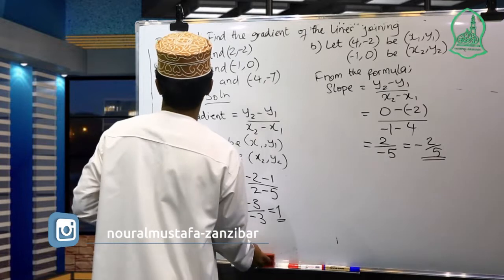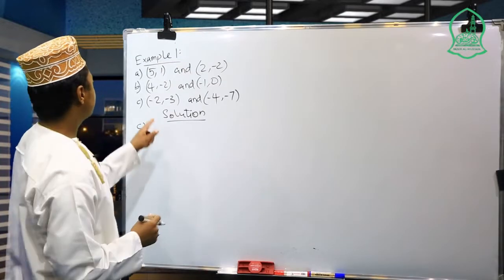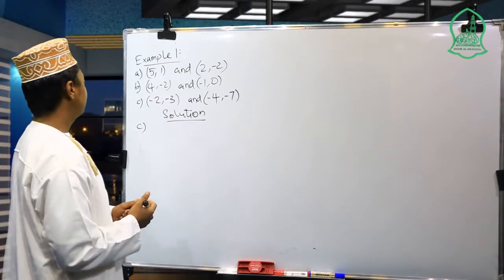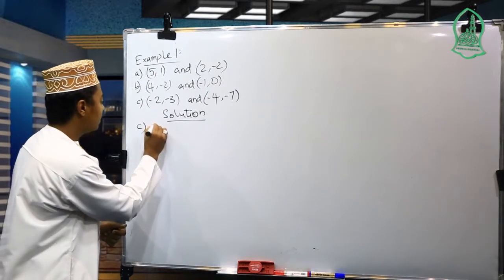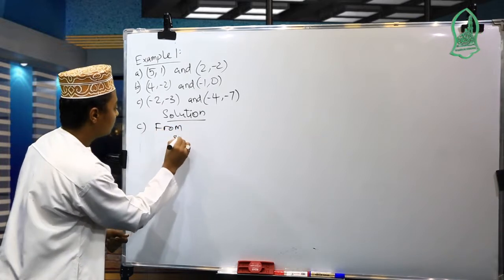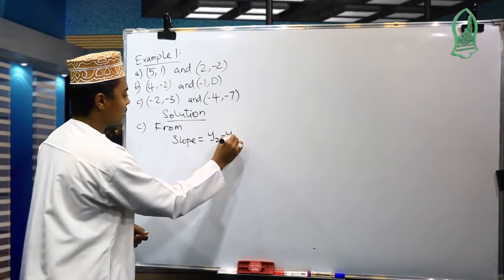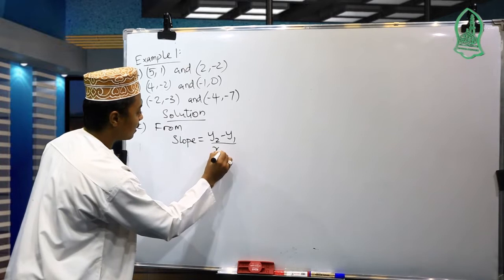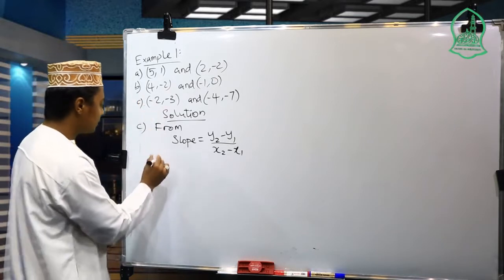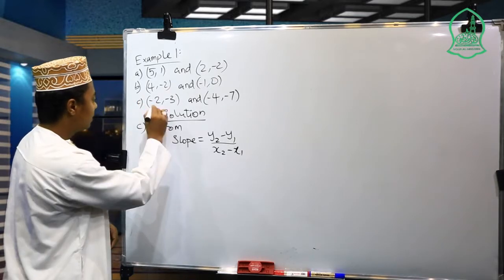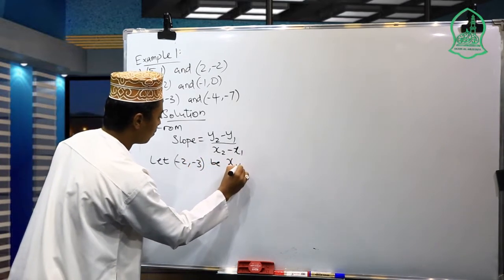So the last one is question number C. So let us solve C. We continue with this example C in example 1. So just refer to the formula here, slope equal to y2 minus y1 over x2 minus x1. So here we take this question C. We let negative 2 comma negative 3 be x1 comma y1.